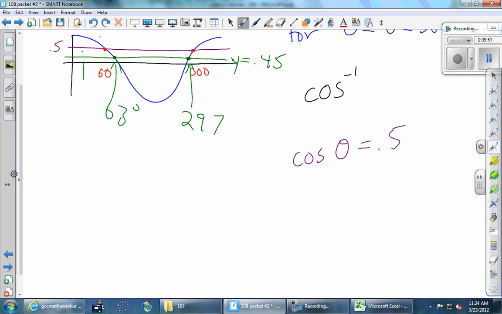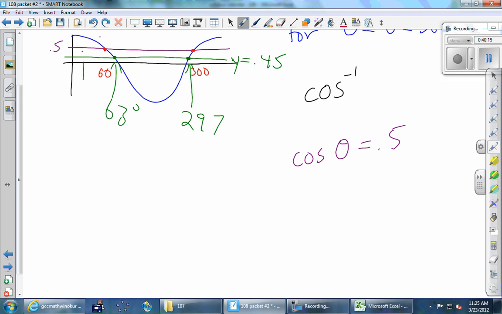Theta is currently buried inside of the cosine. The way to undo cosine is this thing called inverse cosine. It is very bad to say, okay, I'm going to divide both sides by cosine, and I'll have my answer. That is not how you undo cosine, because this is not cosine times theta. That is a function. Cosine does something very, very strange to an angle. So don't do that.